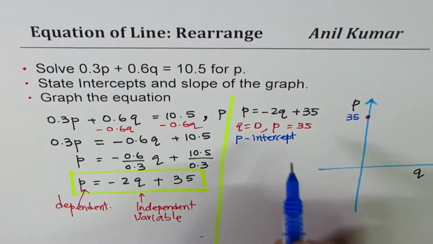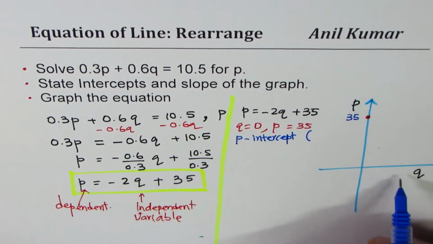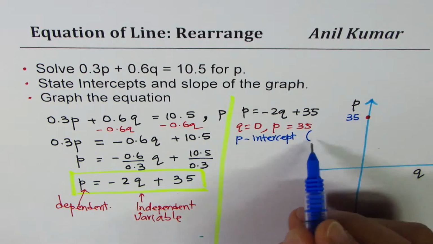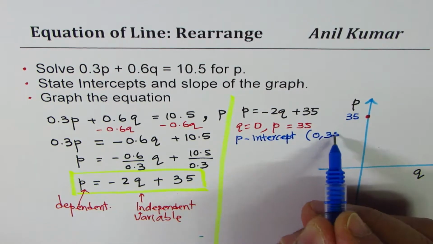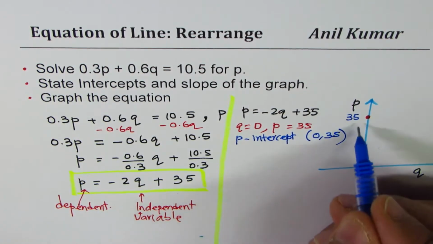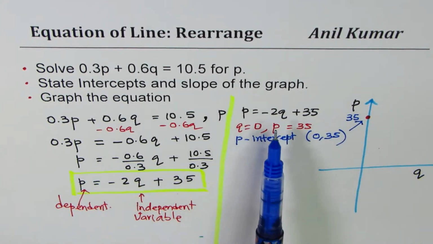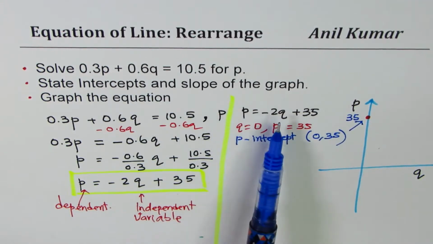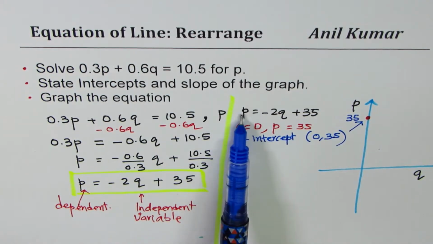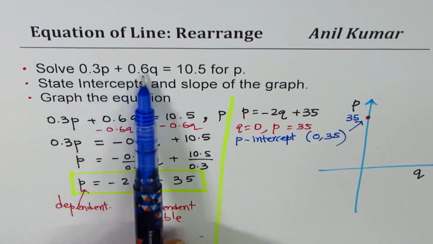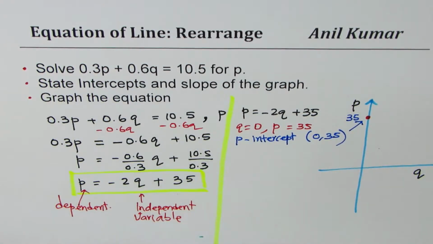Any coordinate point here will be written like q comma p. So this will be 0 comma 35. Does it make sense to you? So this point is 0 comma 35, the p-intercept. Now to find the q-intercept, we can equate p to 0, or you could use the original equation, your wish.